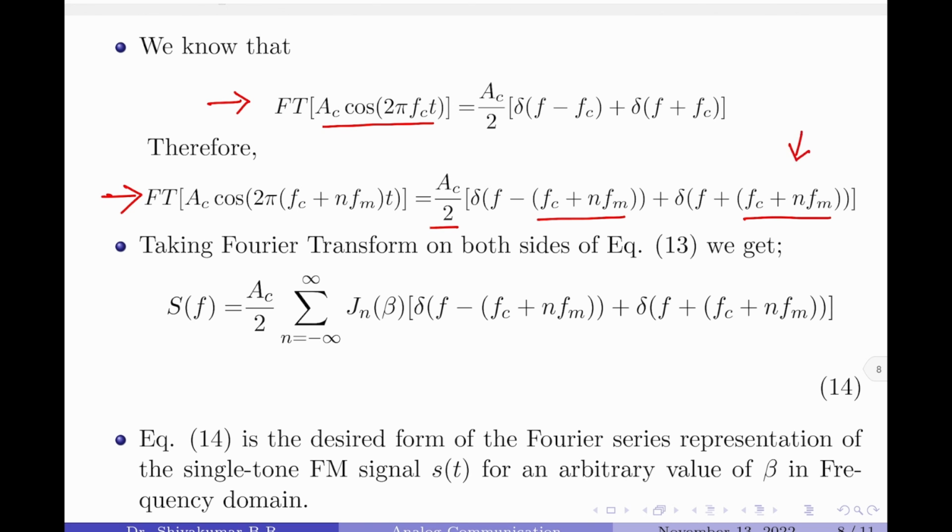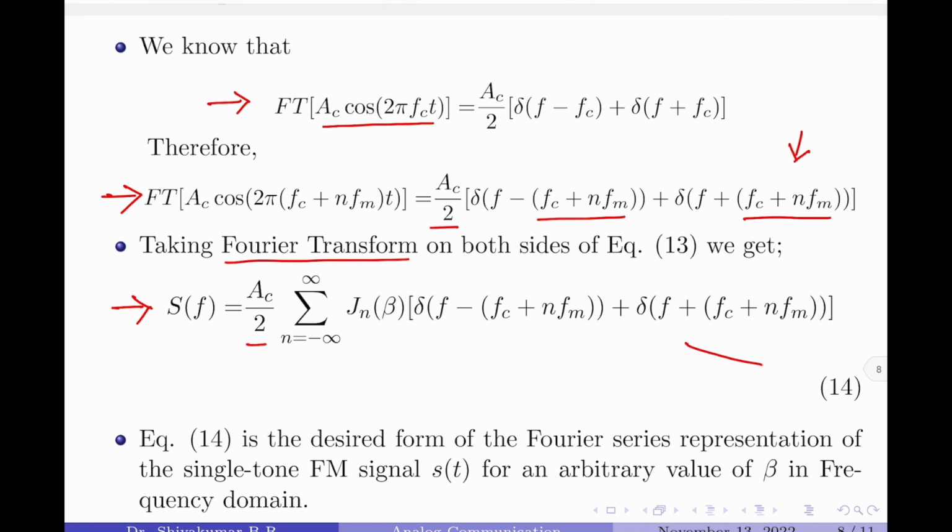With this equation, now I can apply Fourier transform on both sides of the time domain representation for the frequency modulated signal to obtain S of f equals A_c by 2 summation J_n of beta delta of f minus (f_c plus n f_m) plus delta of f plus (f_c plus n f_m).